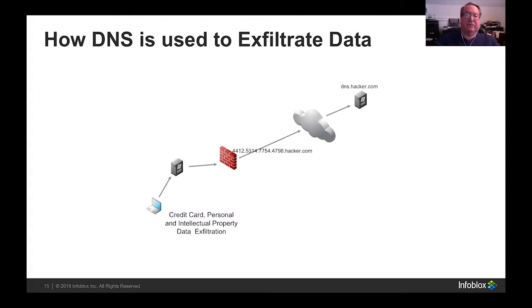And again, it goes straight through the firewall if it's not a known website to be blocked. When it hits the hacker.com server, they'll log and parse out the front end information, which is the data they actually want to steal, or the command and control response information.